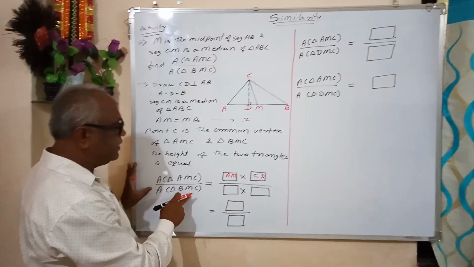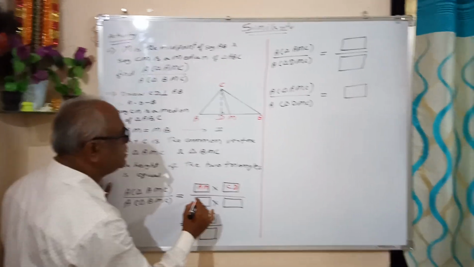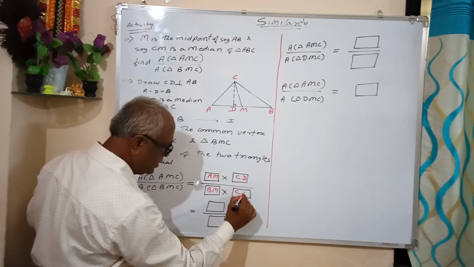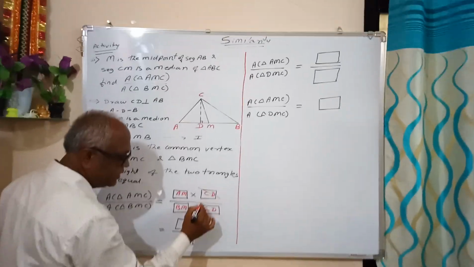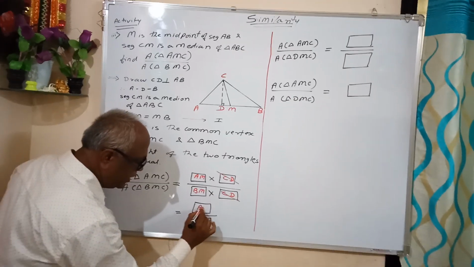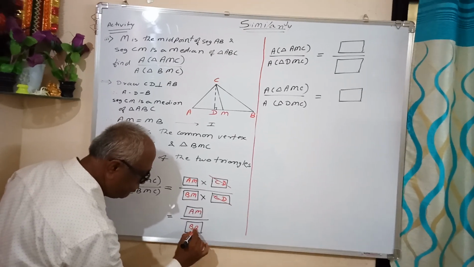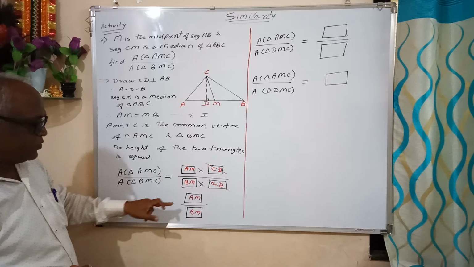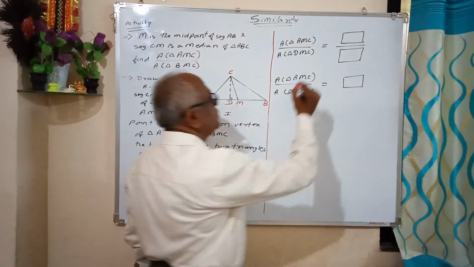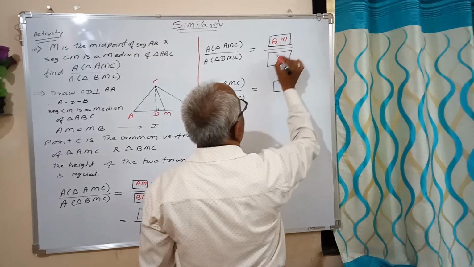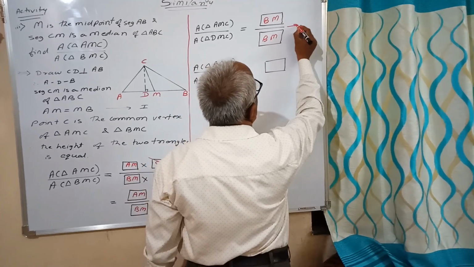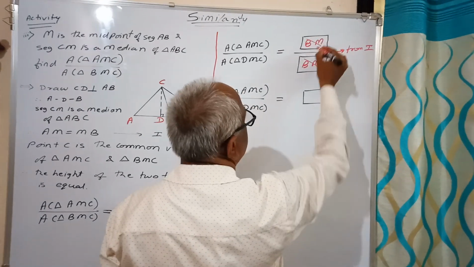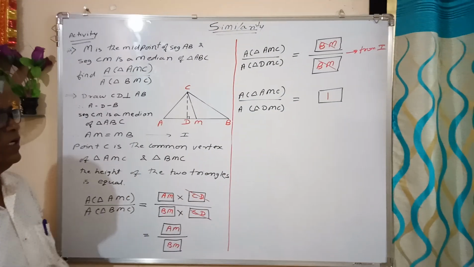For triangle BMC, base is BM into height CD. CD is a common height, so this CD is cancelled. So AM upon BM. But from equation 1, AM is equal to BM. So replacing AM with BM, we get BM upon BM, which is equal to 1. Here the activity is completed.